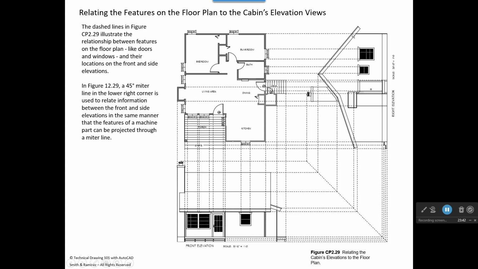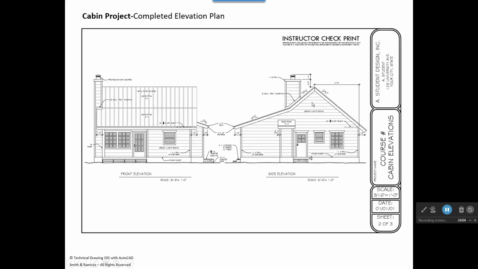So what we'll do when we draw this roof line here in the side view where we get this profile, we'll take where this roof meets this roof angle right here, and we'll project from that intersection down to the 45-degree miter, and you could project over and find where that change in the roof angle happens in the front view.